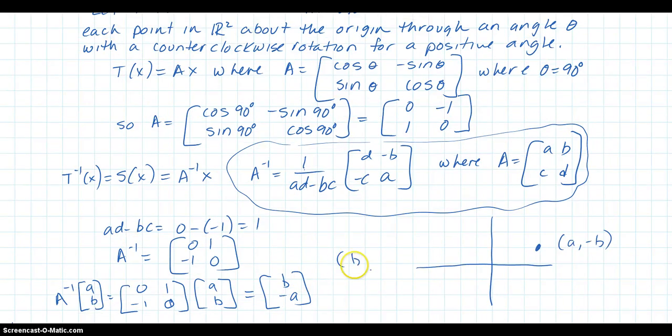We're looking at the point (b, negative a). So this height would be the x position, so that would be a 1 that way, and then a negative a down. It does now rotate by 90 degrees clockwise.